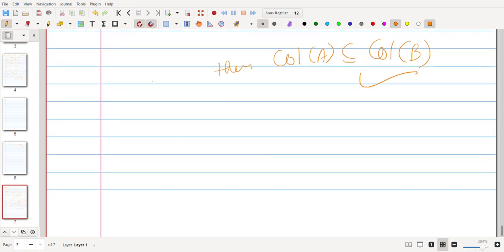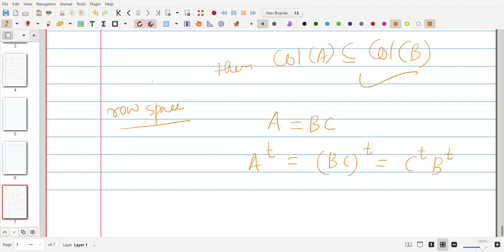Now for the row space, we can do the same thing, but we can use a trick. A equals BC, right? Put A transpose, then it becomes (BC) transpose, which is the same as C transpose B transpose.